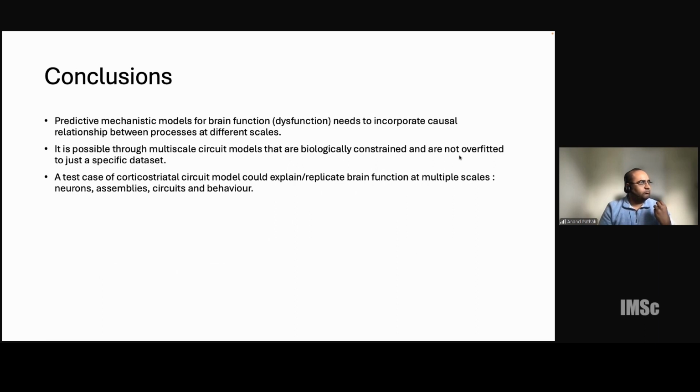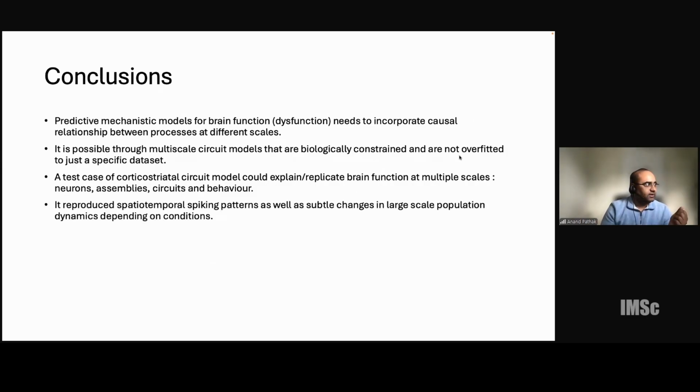So the test case of category learning in particular, it could replicate the brain function at multiple scales, at the behavioral scale, at the dynamical scale of population dynamics, and at the neural firing. The spatial temporal firing is where most of the representation of the stimulus and of the decision happens.